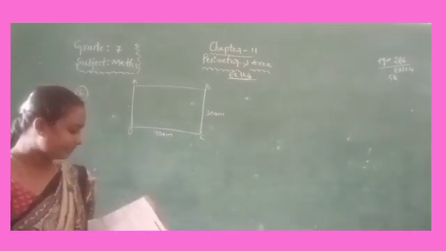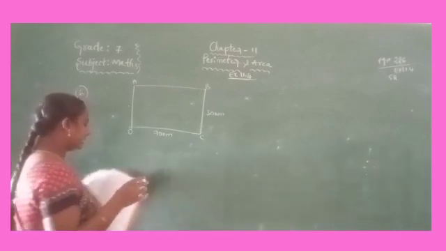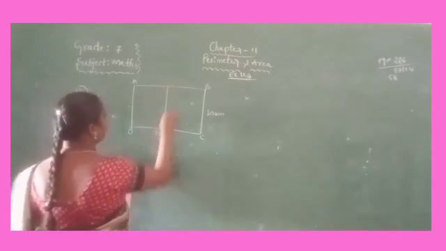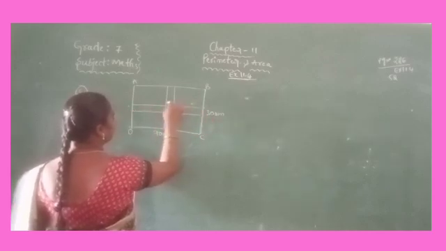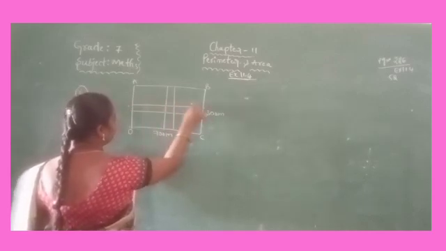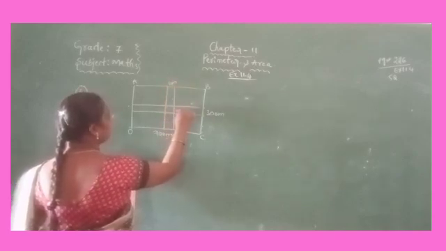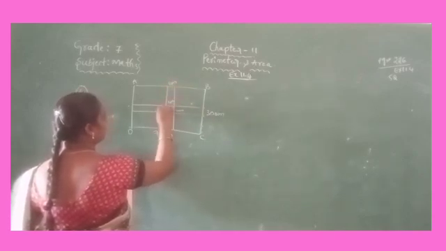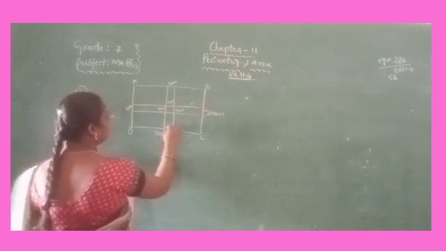Inside the rectangular park, two crossroads cut at right angles. These are the roads. These two crossroads each have a width of 10 meters. This is 10 meters, this 10 meters.